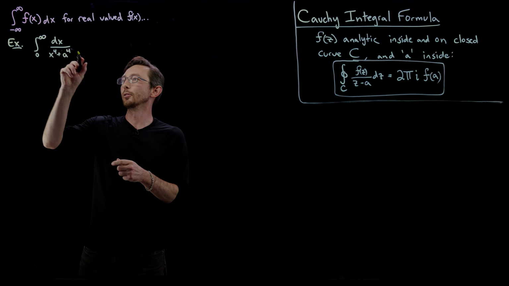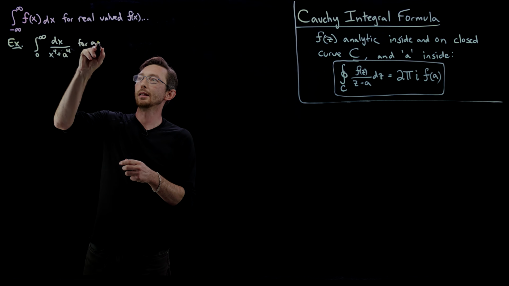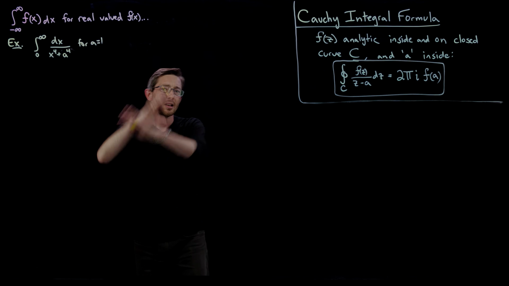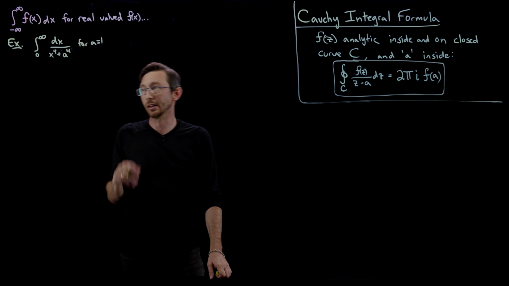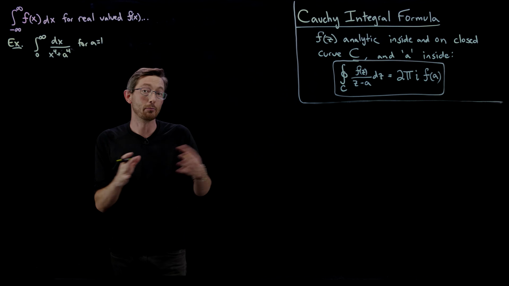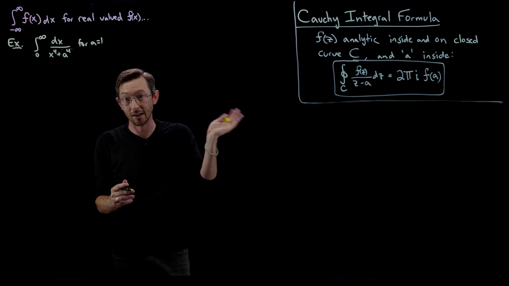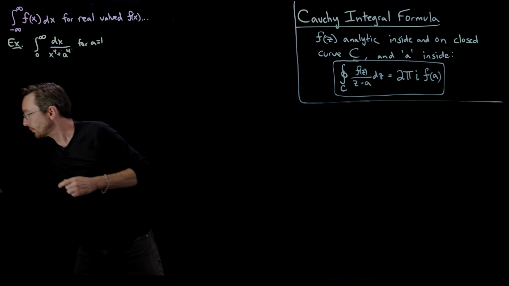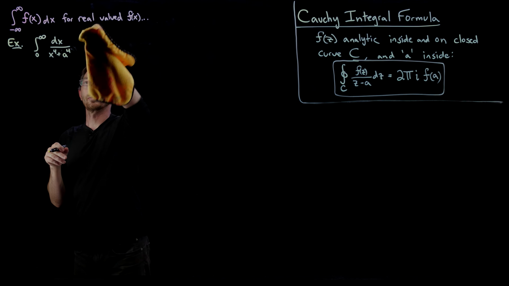It really is totally general, it's not going to be a big deal. I might even derive it for a generic a, and then at some point when things get gnarly, I'll just say, okay, a equals 1. So be prepared for that.